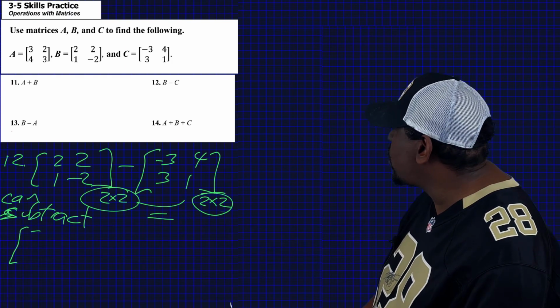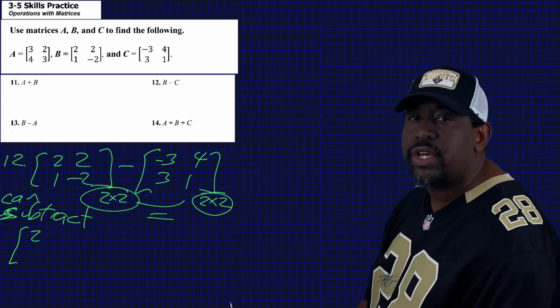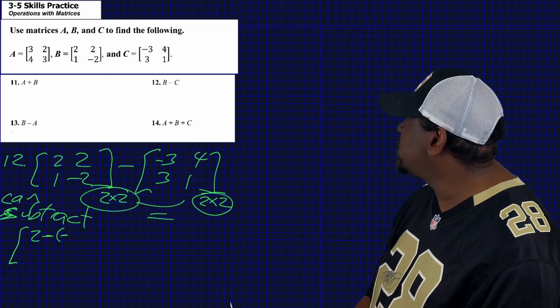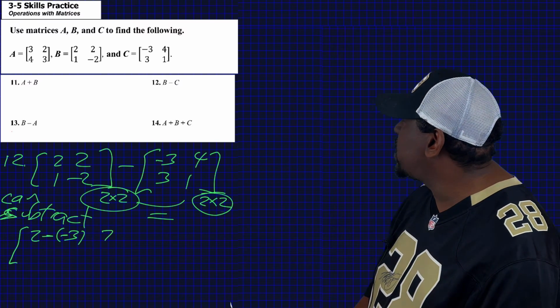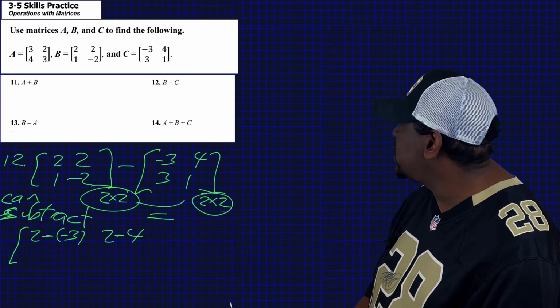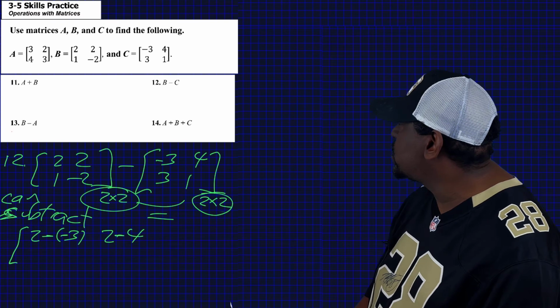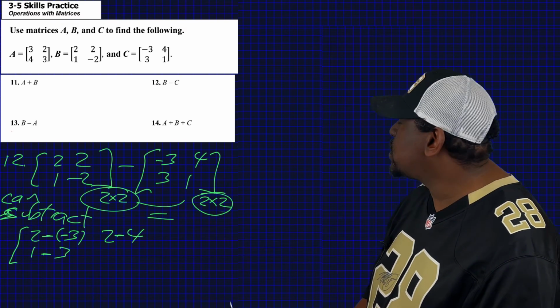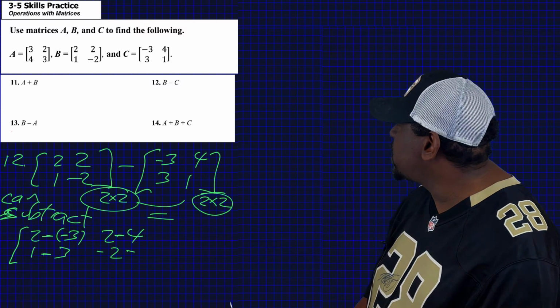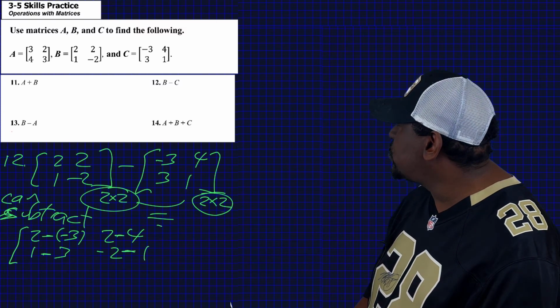So in our first row, our calculations will be 2 minus negative 3. The next entry in the first row will be 2 minus 4. And in our second row, our calculations will be 1 minus 3 and negative 2 minus 1.